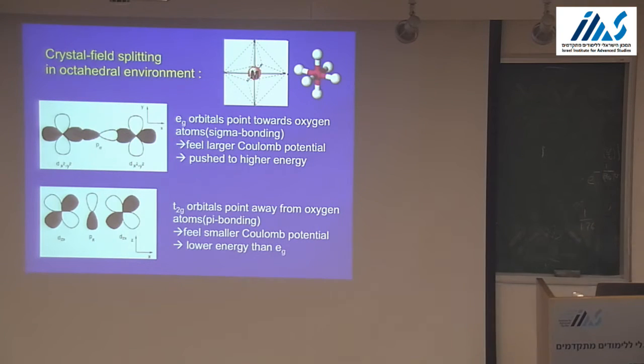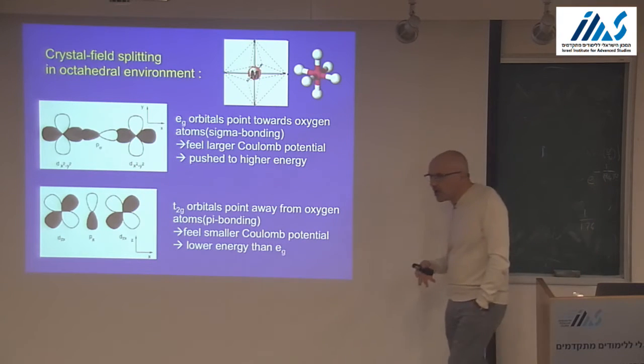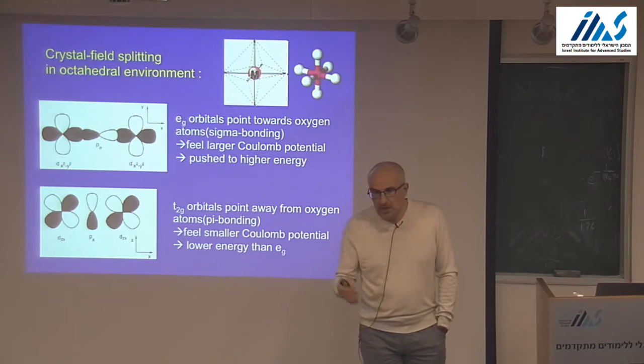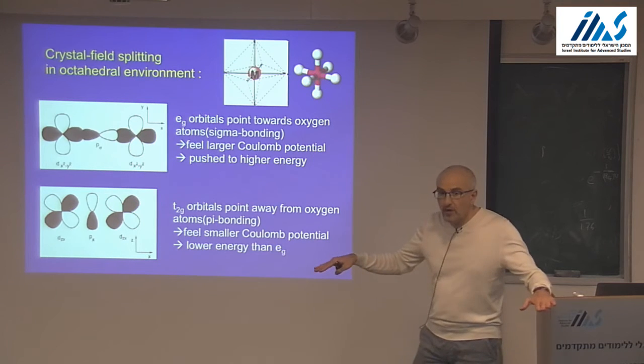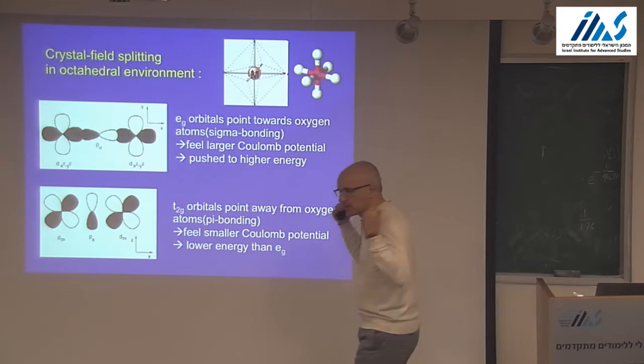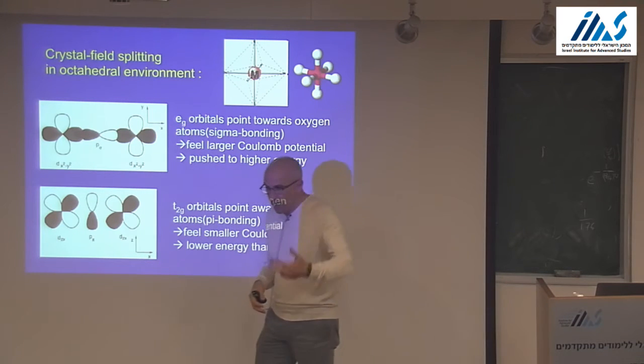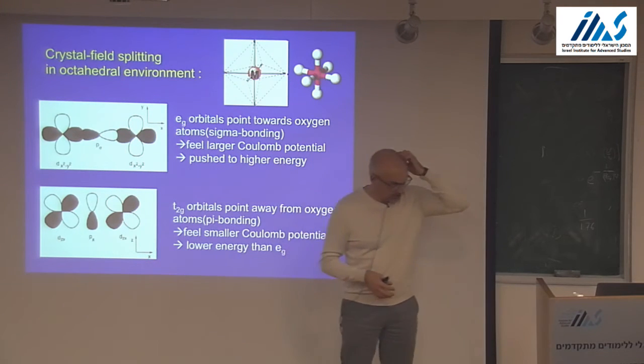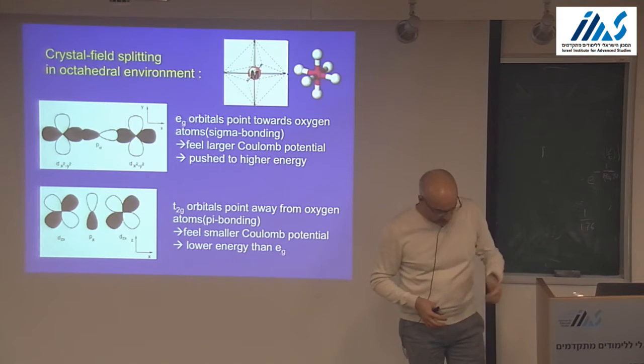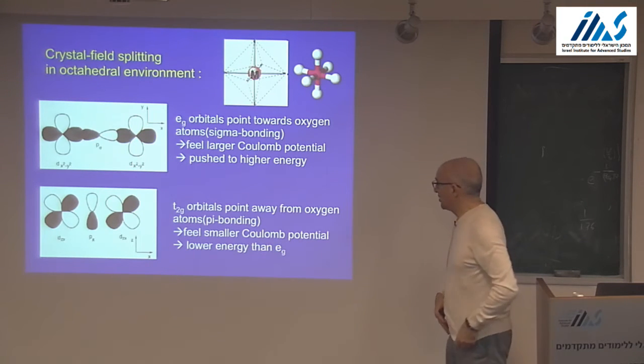And what happens is that the 5-fold degenerate symmetry of the d orbital is lifted into a 3-fold degenerate triplet, which is made of the xy, xz, and yz, and a 2-fold degenerate doublet, which is made of the x square minus y square and z square orbitals.